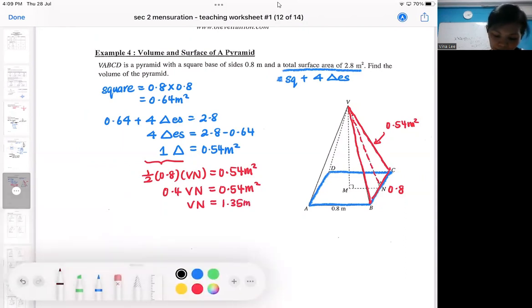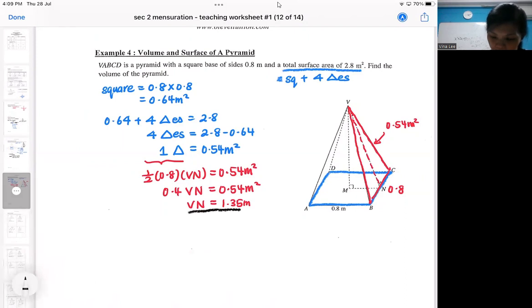So this Vn is the slant height that I can use to form a Pythagoras theorem to find the vertical height. Okay, if you couldn't see the Pythagoras, I'm going to draw it for you here.